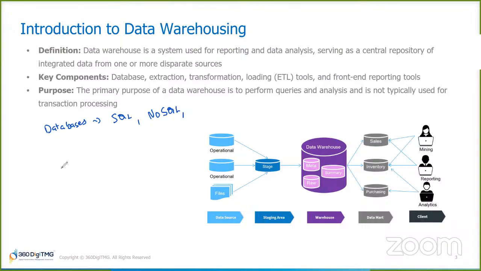Okay. And then you have files. These files can be XML, JSON. You're looking at PDFs, right? So you're looking at multiple sources of data coming into the picture. More than one source of data coming into the picture. Okay.